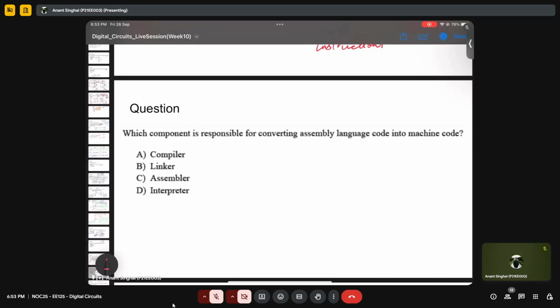Answer C, assembler. Yes, I just told you that whatever instruction we write is converted into machine code by an assembler. So option C is the correct answer.